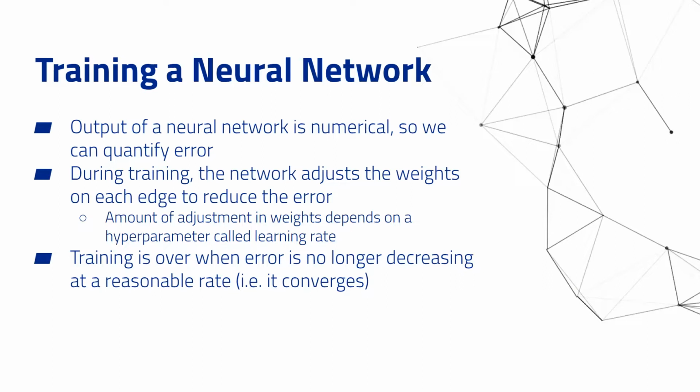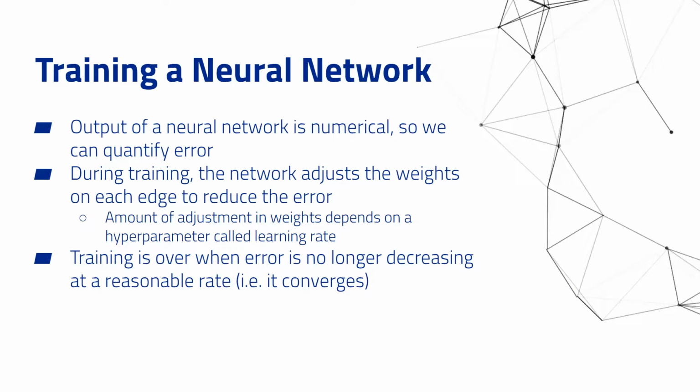And training is over when this so-called error is no longer decreasing. So when we input data into the input layer and we arrive at data in the output layer, we can compare what is outputted with the actual data that we know. So for instance, we can know what the true values of these outputs should be, and then we compare them to the output of the neural network, and then we have a way of estimating the error that our algorithm is having.